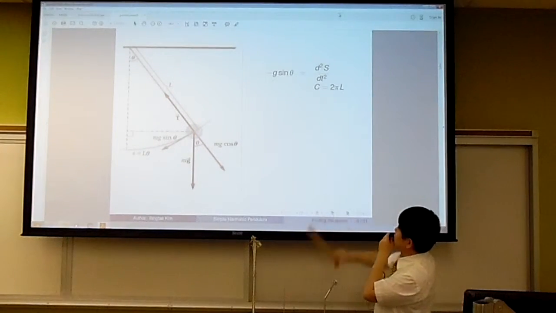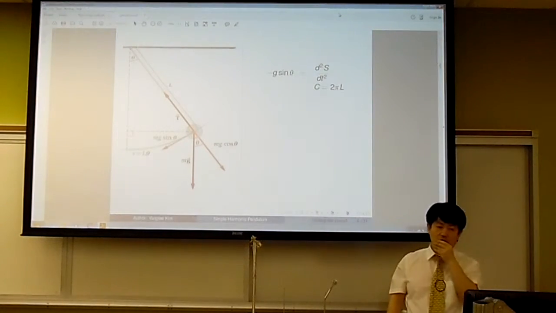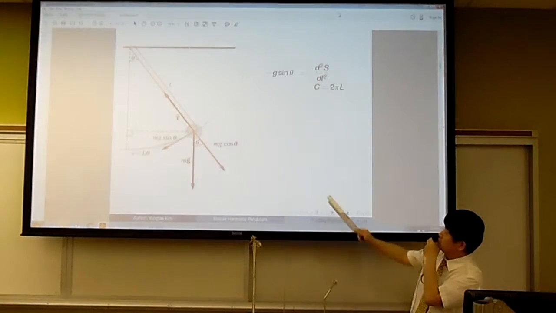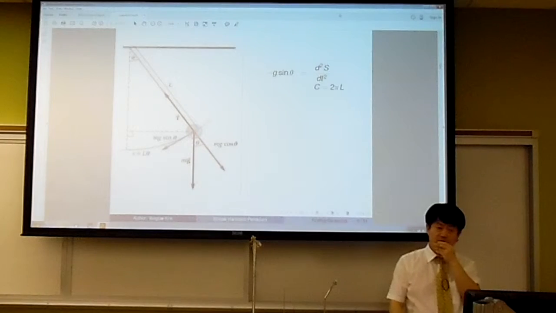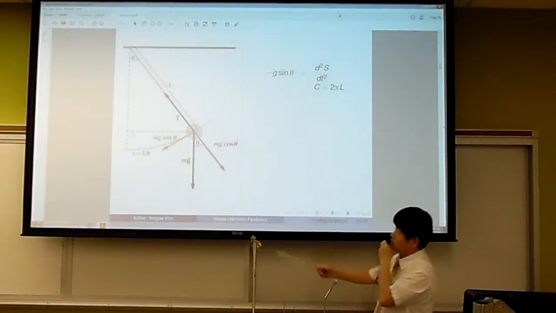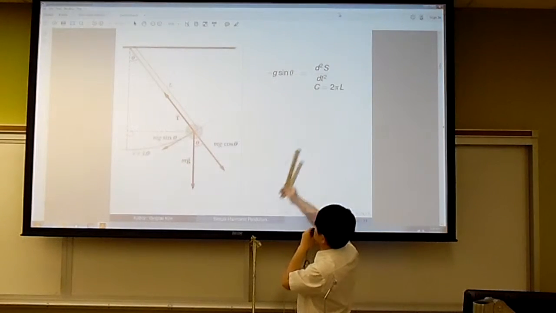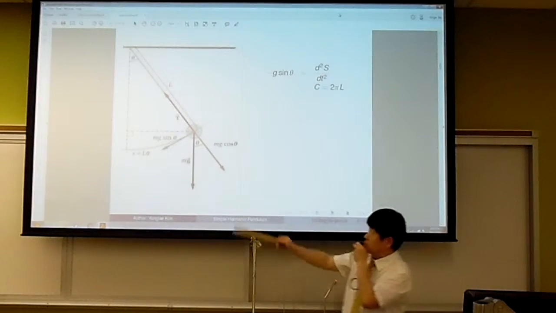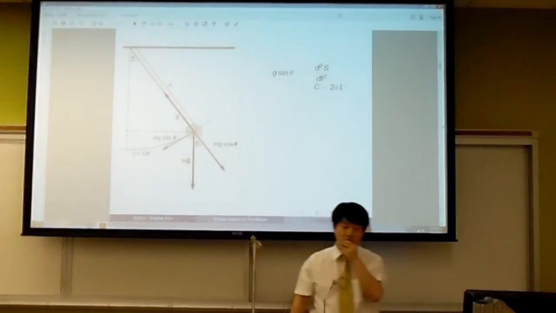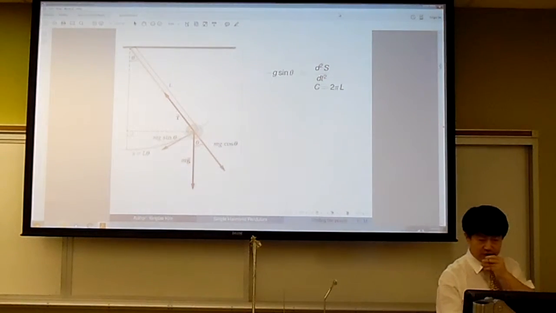This arc length s, we can write using the circumference expression. The circumference of a total circle is 2 pi times the radius. The radius here I call L, so 2 pi L is the circumference. The arc length of this motion is simply a fraction of that.